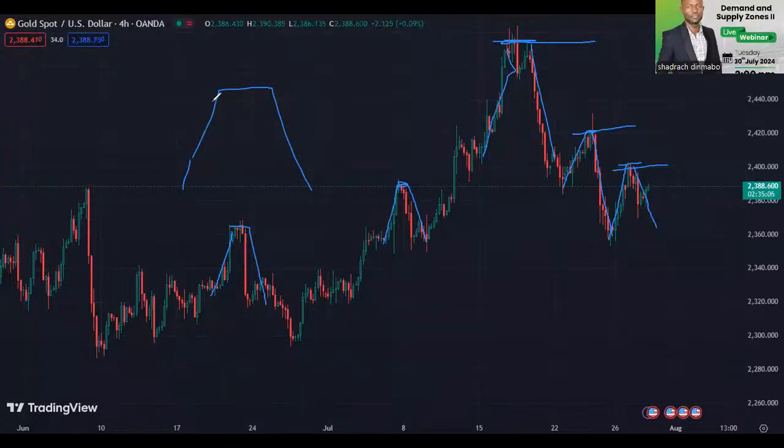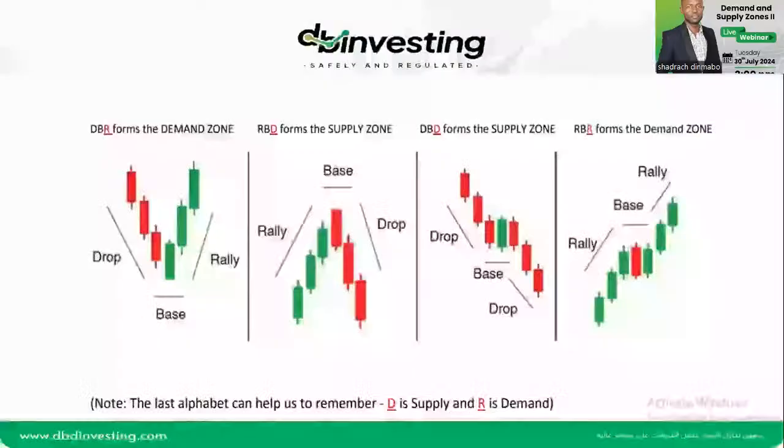So we've done the case of the rally base drop. Now let's look at the next one. For the demand zone, we saw rally base rally.